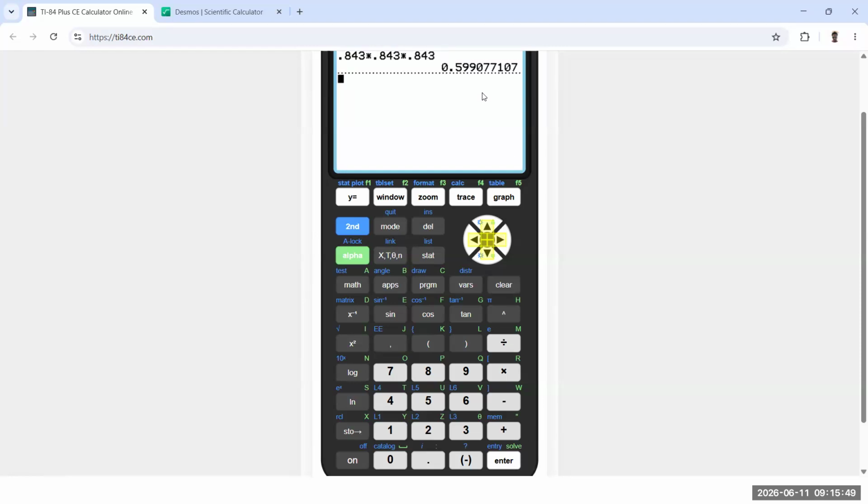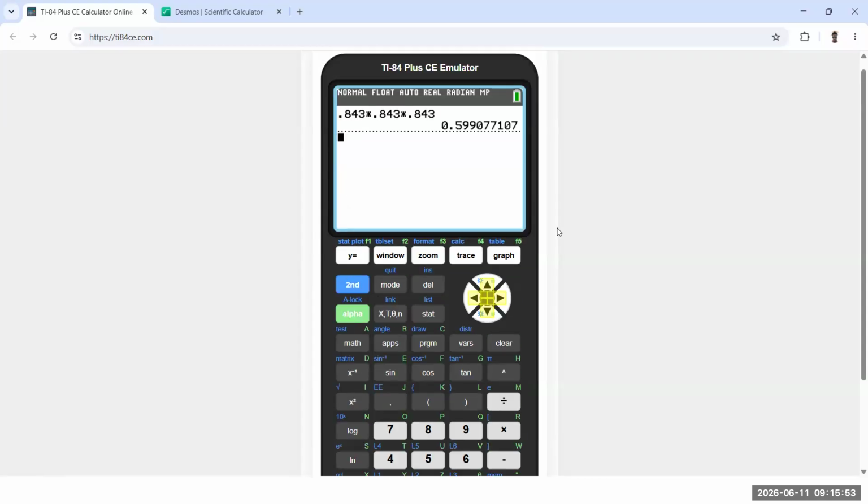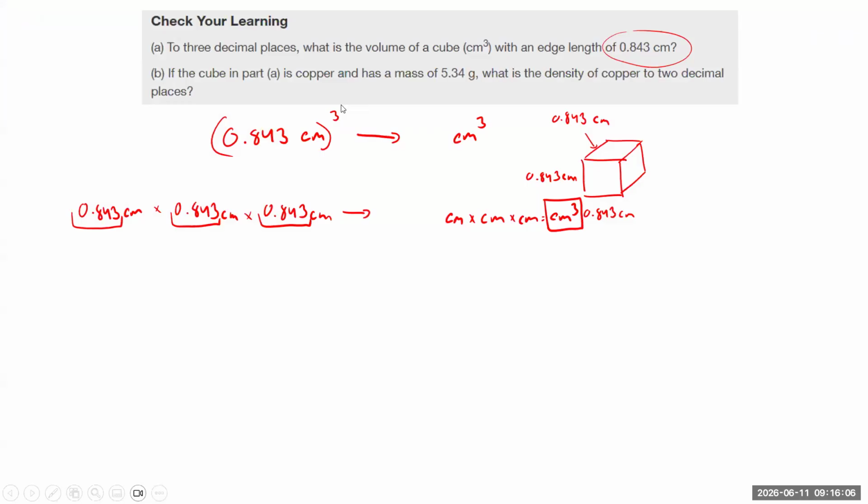So I got 0.599, let's actually keep a couple digits, 0.599077. Hopefully I can remember that.